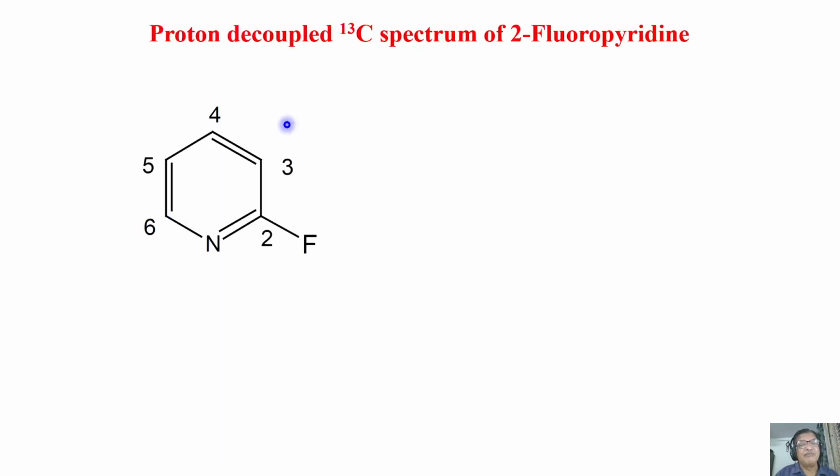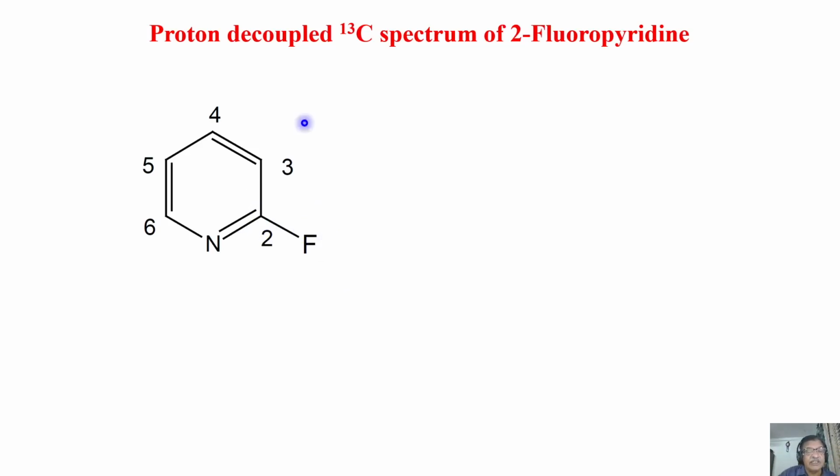Now take the simple example of a proton decoupled carbon-13 spectrum of 2-fluoropyridine. In this simple molecule, there is a fluorine here. So what are the things you are observing here? Look at this one. This is a 1-bond carbon fluorine coupling. This carbon has to be a large doublet because 1-bond CF coupling is quite large, of the order of about 250 to 300 hertz or even more, sometimes 350 hertz.